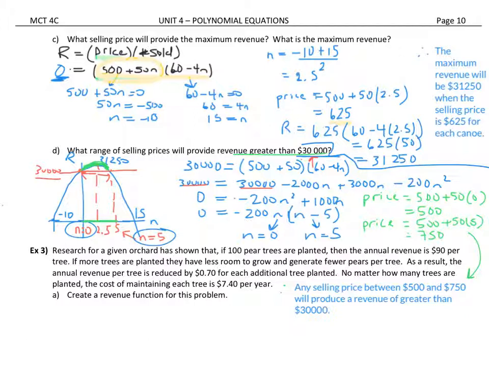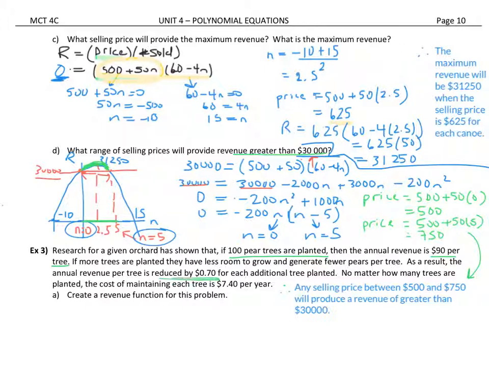This next question is talking about an orchard. If 100 pear trees are planted, then the annual revenue is $90 for every tree. So my revenue would be 100 times the 90 because it's $90 for every tree and there's 100 trees. If more trees are planted, they have less room to grow and generate fewer pears per tree. As a result, the annual revenue per tree is reduced.